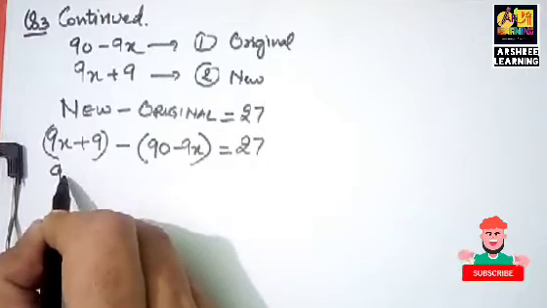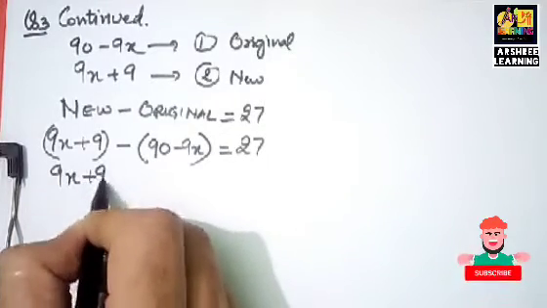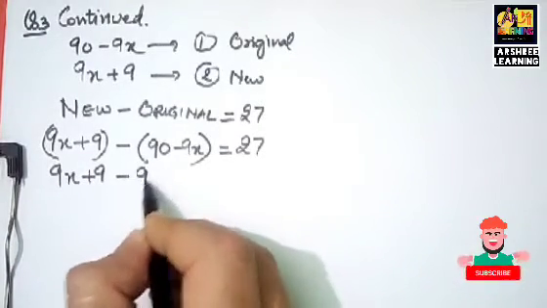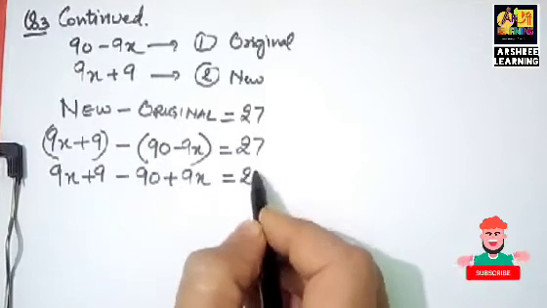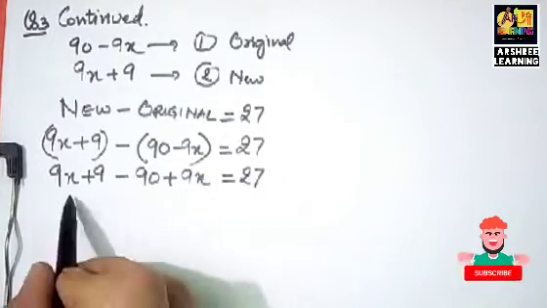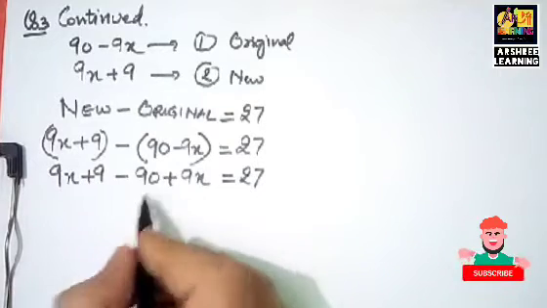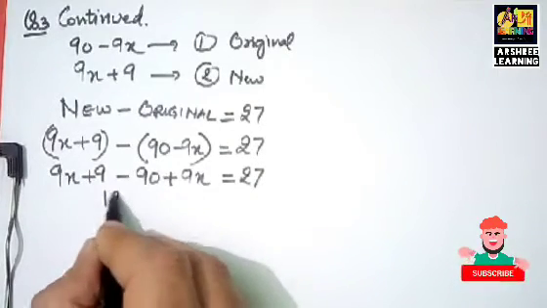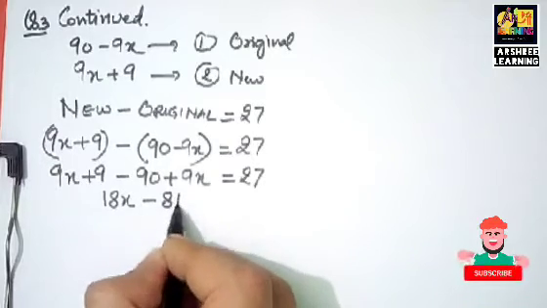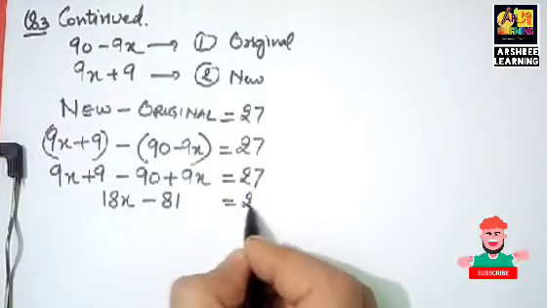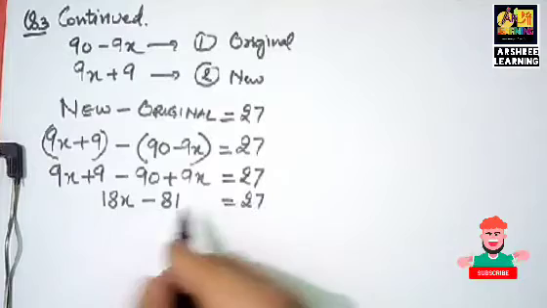When you solve, it will become 9x plus 9 minus 90 plus 9x is equal to 27. Now simplify, 9x and 9x will become 18x. 9 minus 90 will become minus 81, equal to 27. Now it is simple.